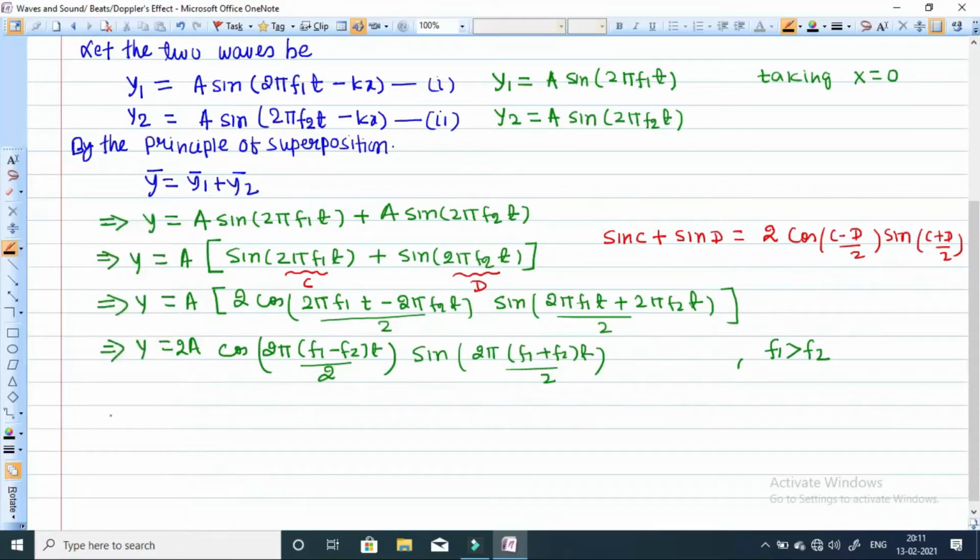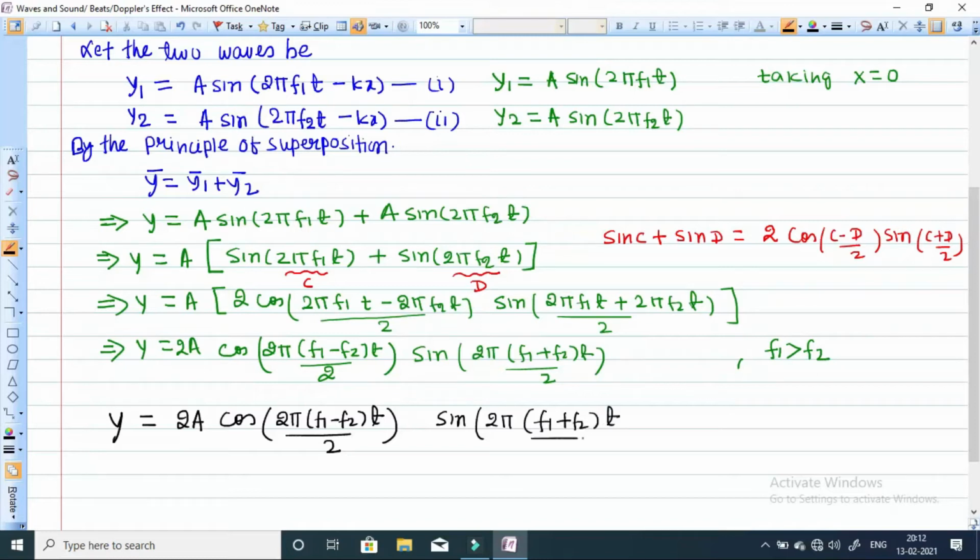We can write y equals 2a into cos of 2 pi into (f1 minus f2) into t divided by 2, into sine of 2 pi (f1 plus f2) into t divided by 2.